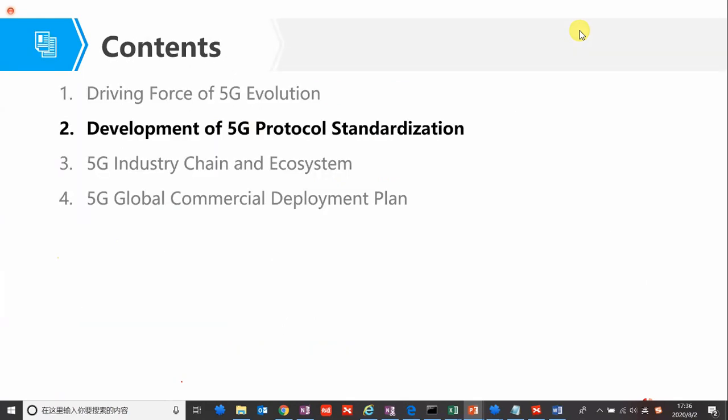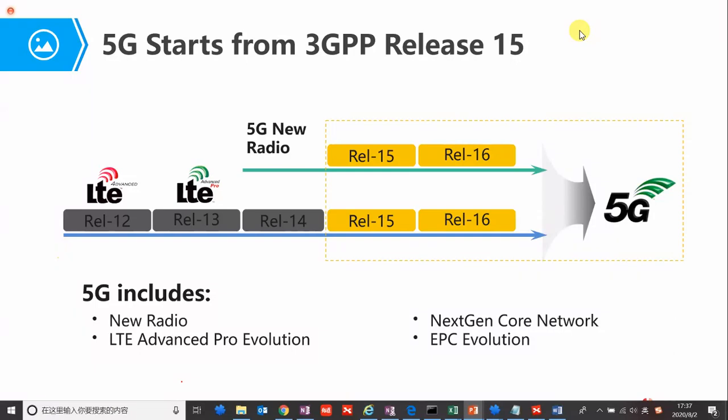The next is the development of 5G protocol standardization. The 5G protocol standardization is very, very important for our CT, communication technology.